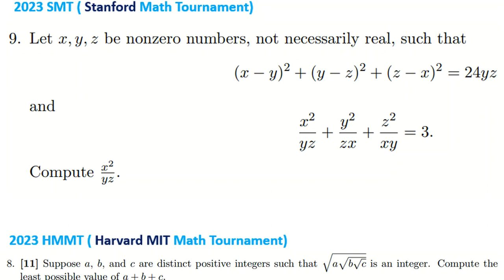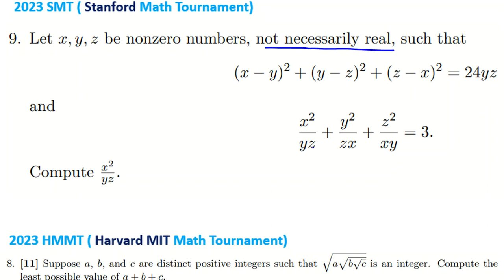So problem 9. Let x, y, z be non-zero numbers, not necessarily real, such that x minus y whole squared plus y minus z whole squared plus z minus x whole squared equals 24yz. And pay attention, it says not necessarily real.